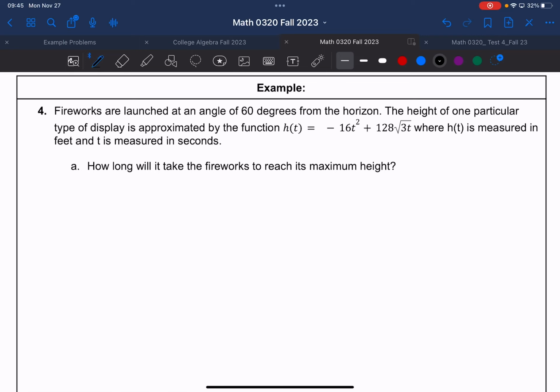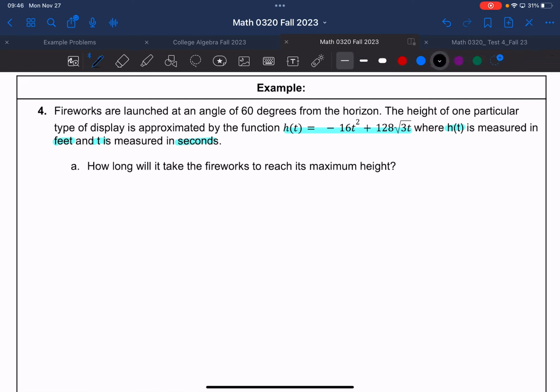The height of one particular type of display is approximated by the function h of t is equal to negative 16t squared plus 128 times the square root of 3t, where h of t is in feet and t is in seconds. Okay. So question A says, how long will it take the fireworks to reach its maximum height?